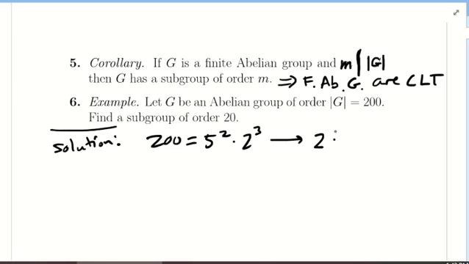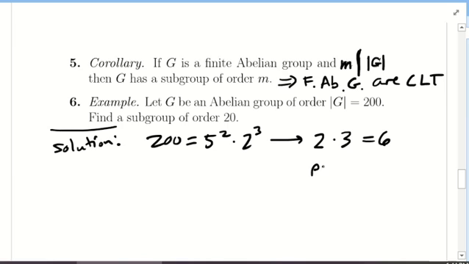Yeah. There are 6 possible groups we could do, right? 2 that have order divisor of 25, and 3 that have divisors of 8.